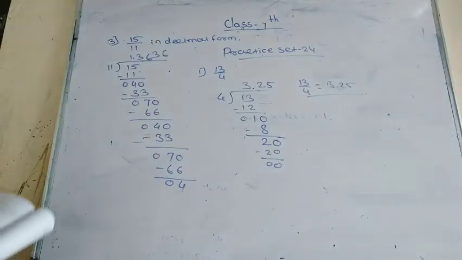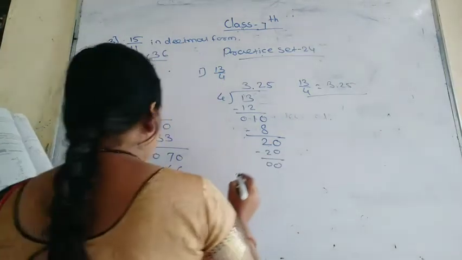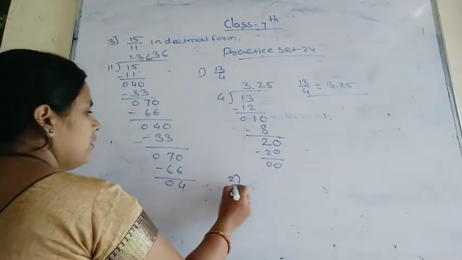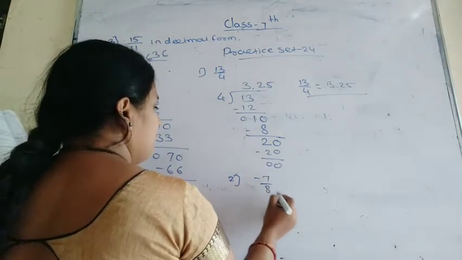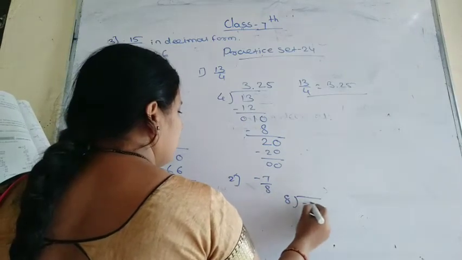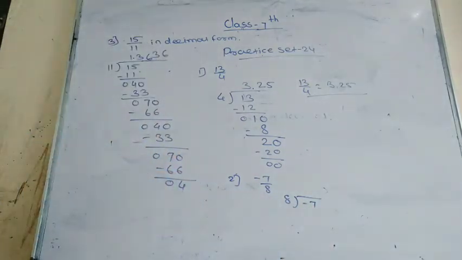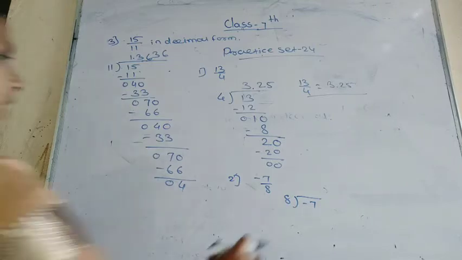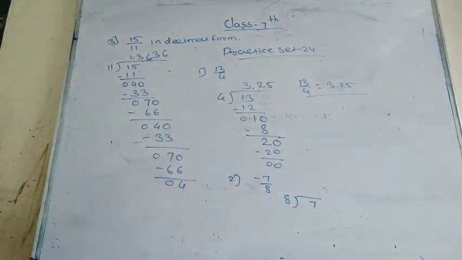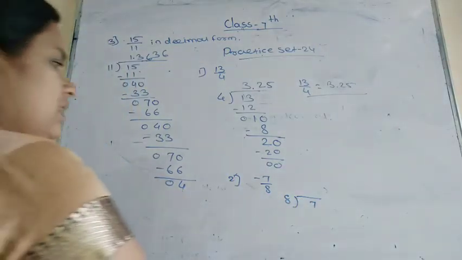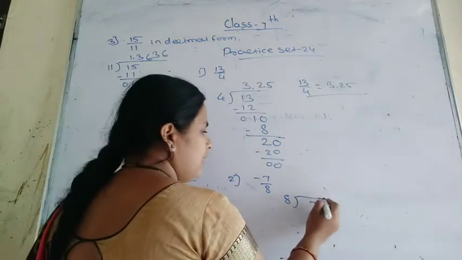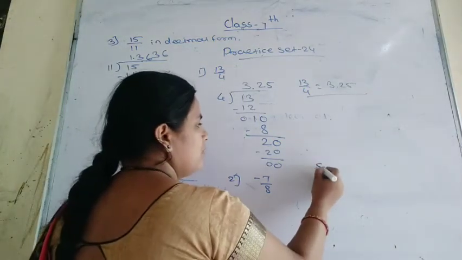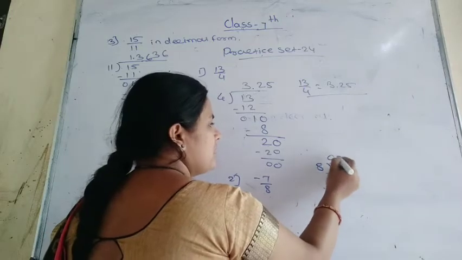Then second one, see, minus 7 by 8. For the minus sign, afterwards you take only 7. Then this 7 is a small number, so you write 0 first.